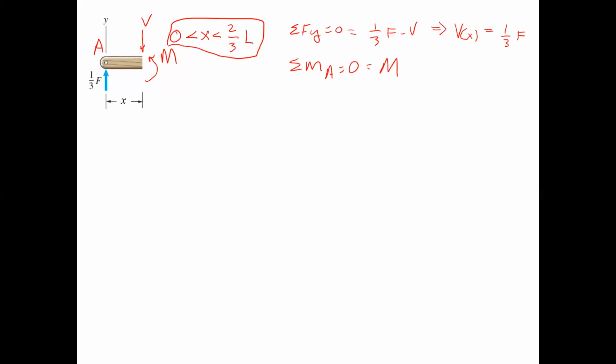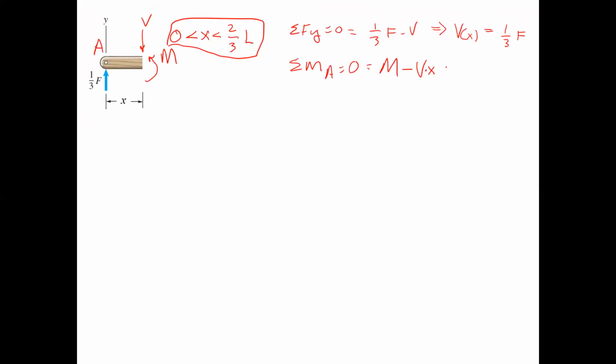One-third F times X, positive or negative? Good. I would say initially, let's just call that minus V times X, with a dot in there indicating it's times. V is 1/3 F. Because you've got that V force, that's going to cause a clockwise rotation, which is a negative moment. So put a minus sign there.